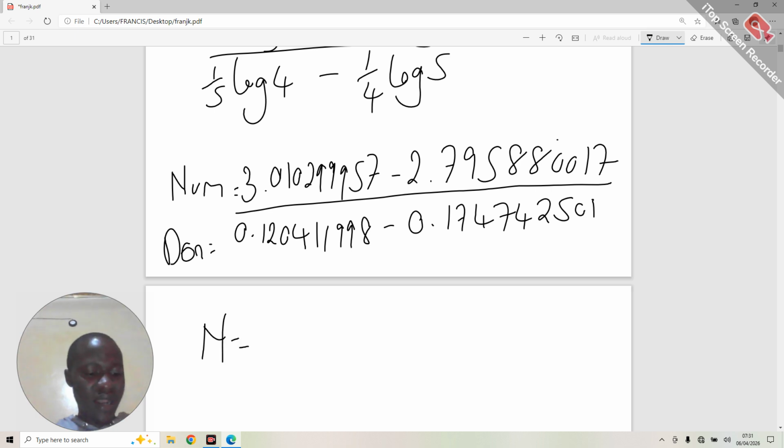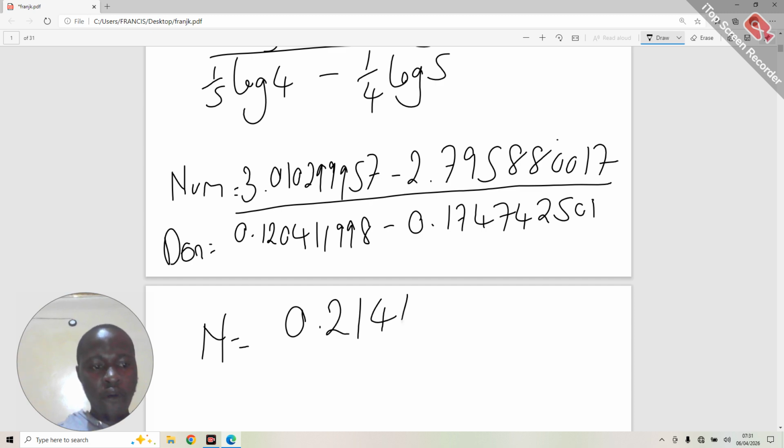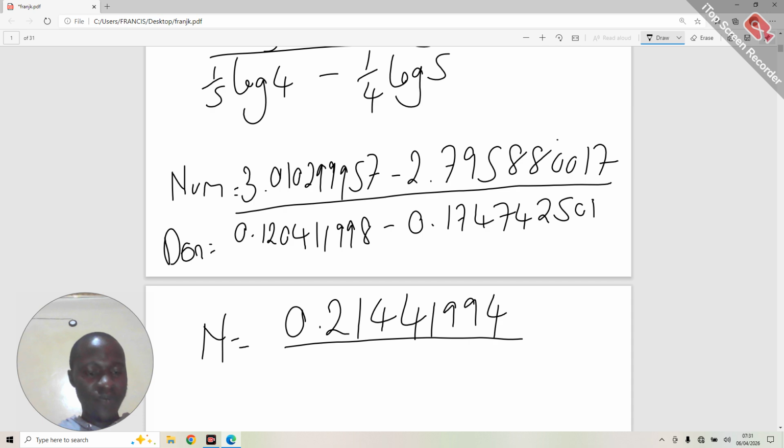So under numerator, I shall have 3.010299957 minus 2.795880017, which gives 0.2144194, all over 0.120411998 minus 0.174742501.